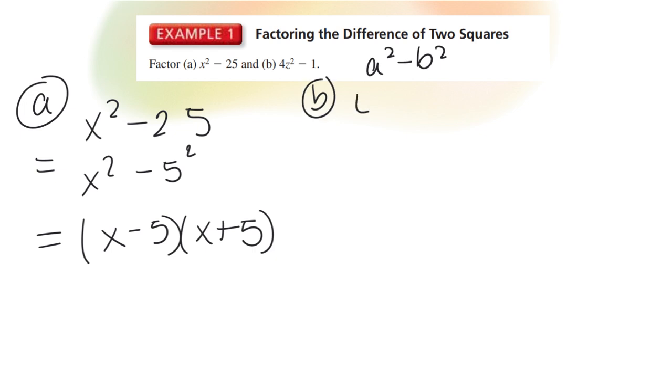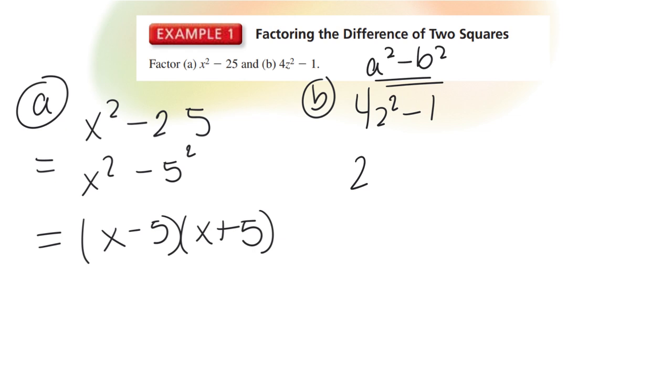B, we have 4z to the power 2 minus 1. If I need to write it in the format they're asking for, we're going to find the difference of two squares. I know that 4 is a perfect square, which is 2 to the power of 2 gives me 4. This is z, it's already a perfect square.